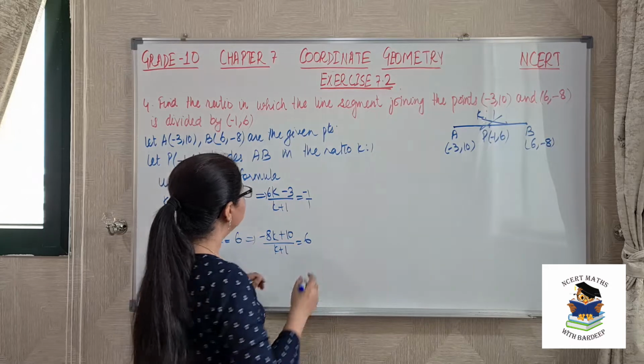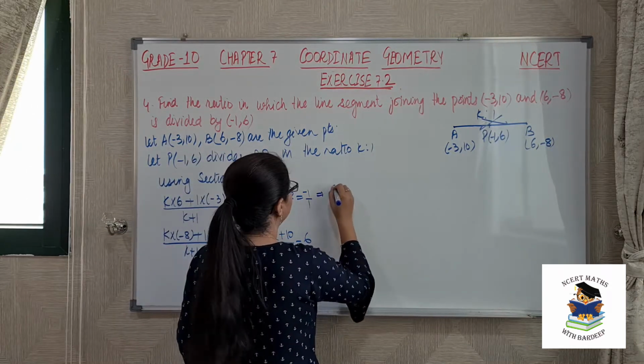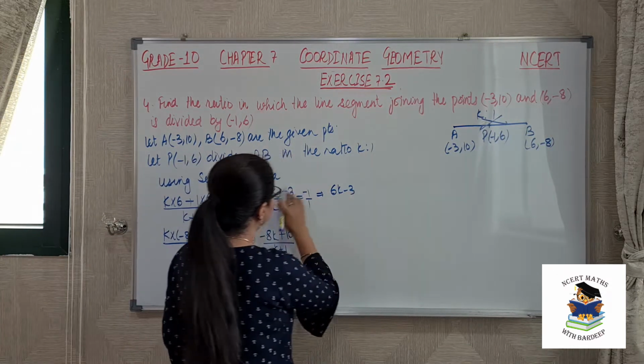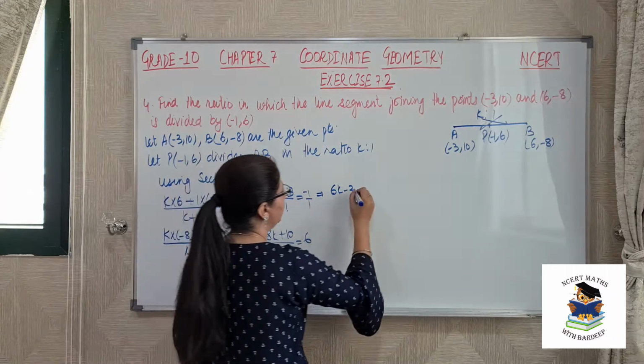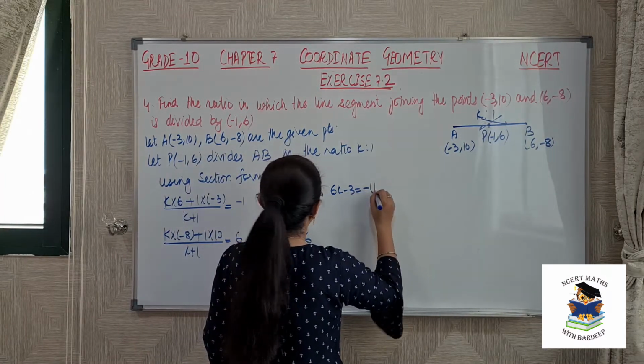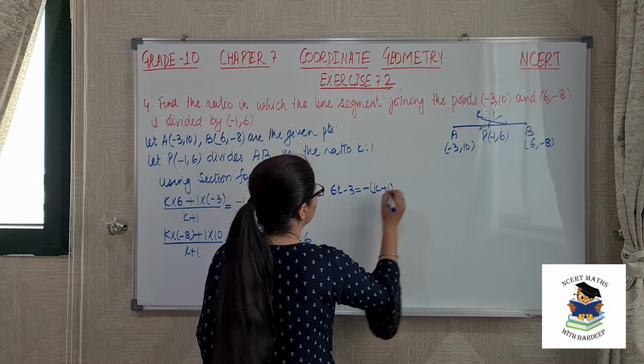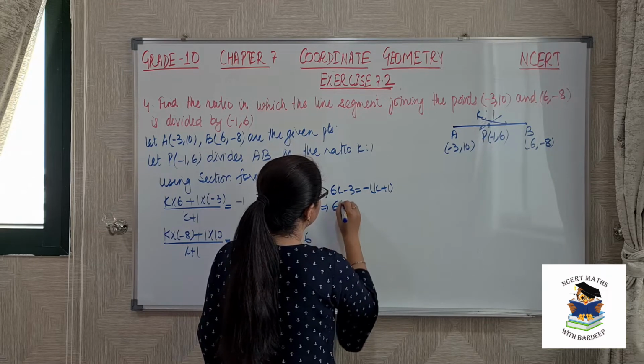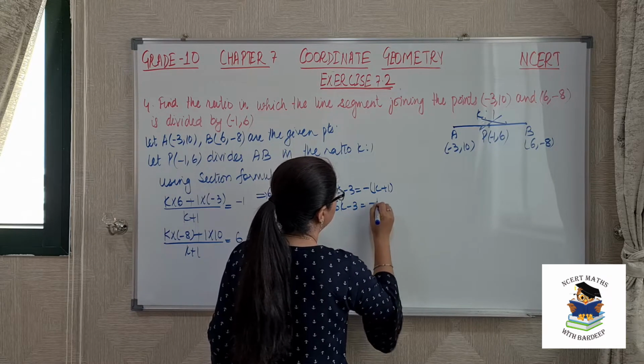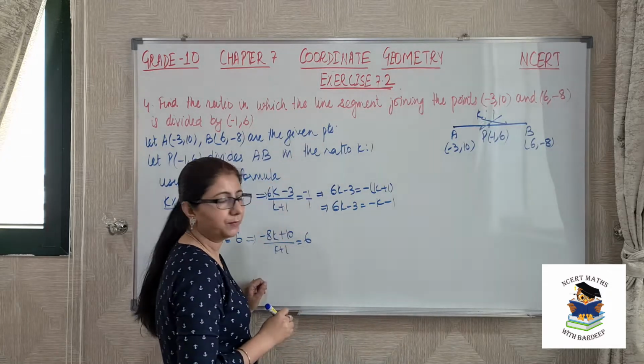So now let's solve the first one. This is cross multiplication we will use. 6k -3 should be equal to this side, that is -1 times k plus 1. So this is further equal to 6k -3 as -k -1. Okay.